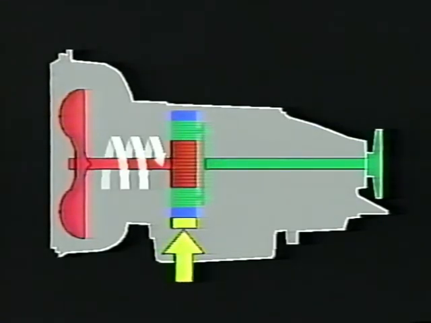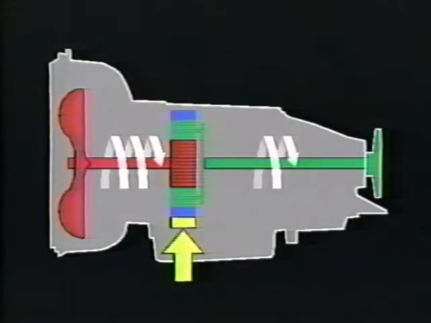Next, the output shaft is attached to the planet gear carrier. The only thing now necessary to provide reduction is to hold the ring gear in place. The input shaft must then turn 3 times before the output shaft makes 1 complete revolution.